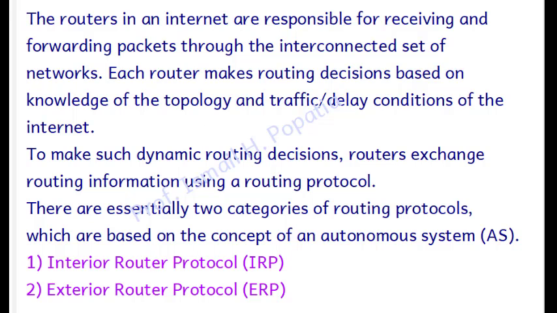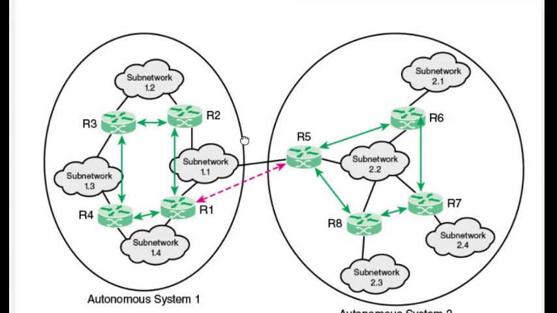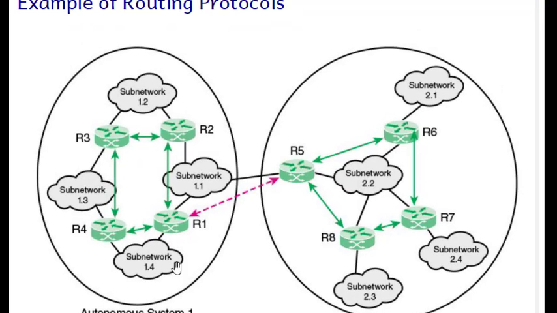In this diagram we can see there are two autonomous systems. This is one autonomous system, and this is another. Let us assume R4 of this autonomous system will exchange its information with R1, then R4 will exchange its information with R3, and so on.